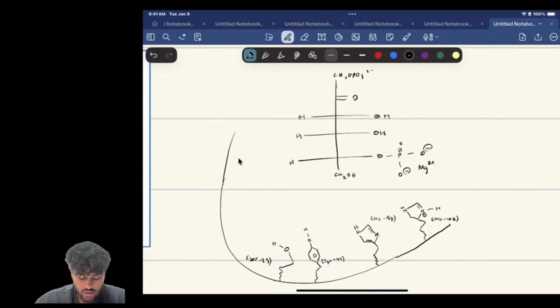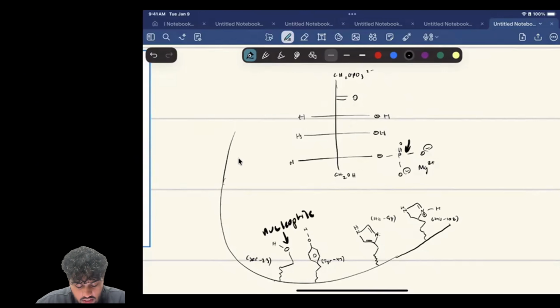So for our initial bond forming step, the oxygen on serine 23 is going to be our nucleophile. So let's label that. And the phosphorus atom on the C5 phosphate is going to be our electrophile.